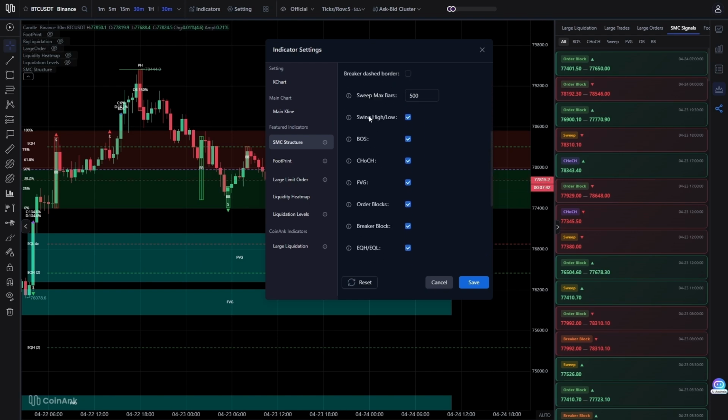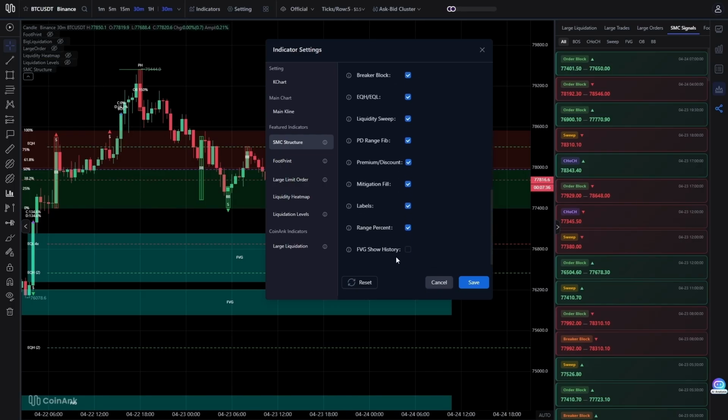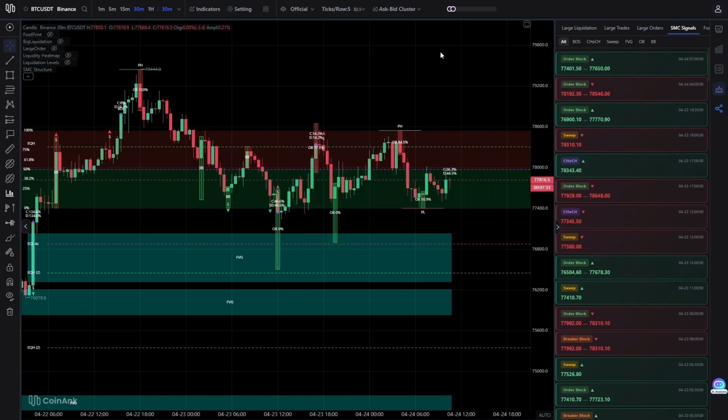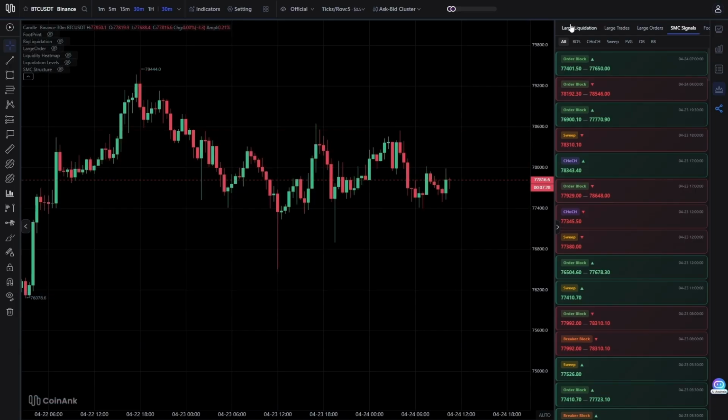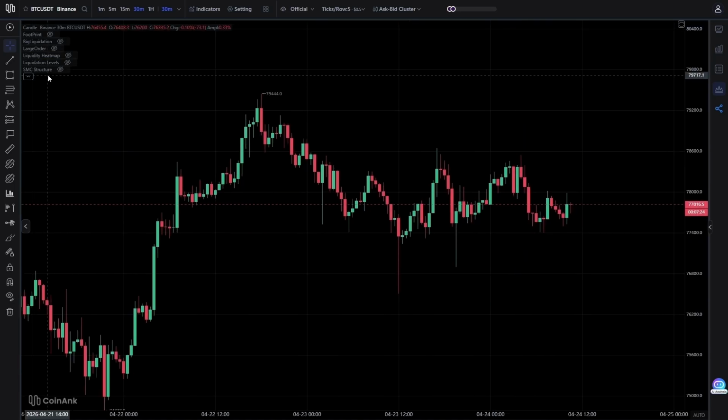Just have a look through it. You have your swing highs, your break of structure, change of character, fair value gaps, all the things you need for smart money concepts. I personally don't use smart money concepts, so I am not that interested in it, but I know a lot of people do, so just know that's now a tool in CoinAnk as well.